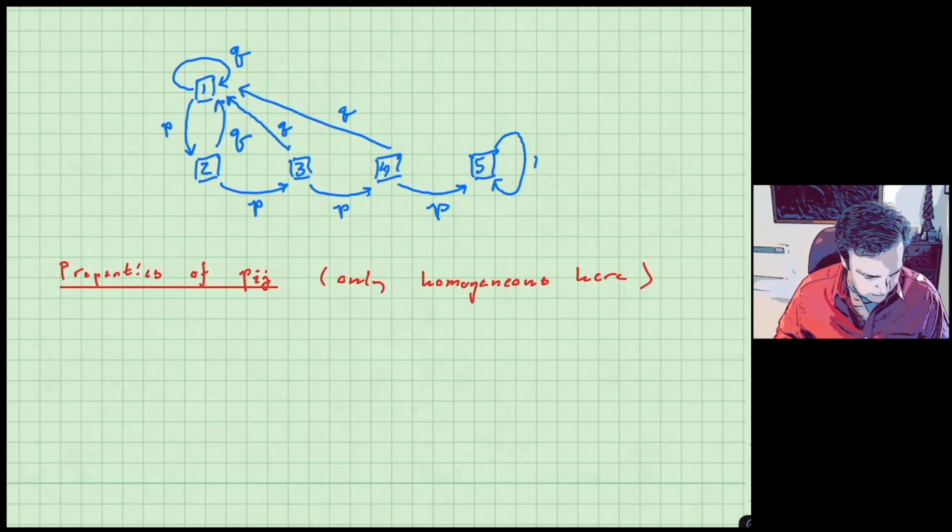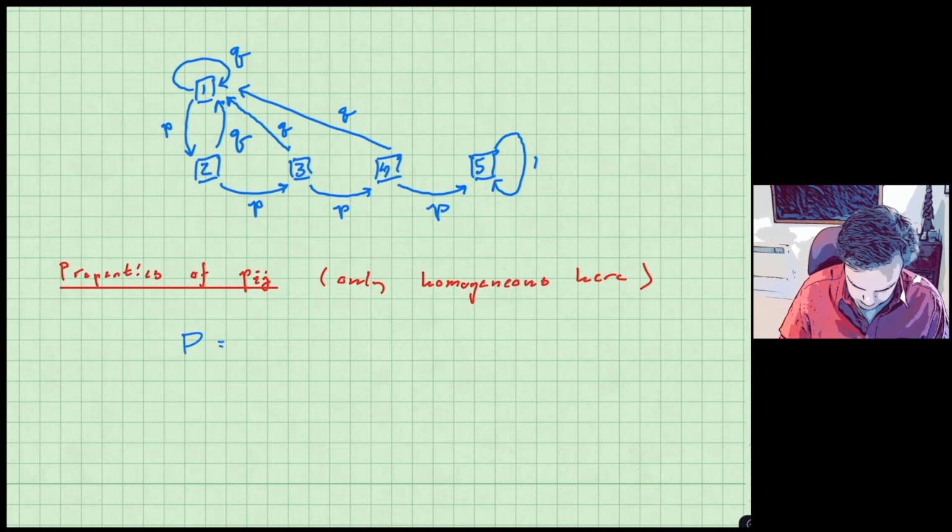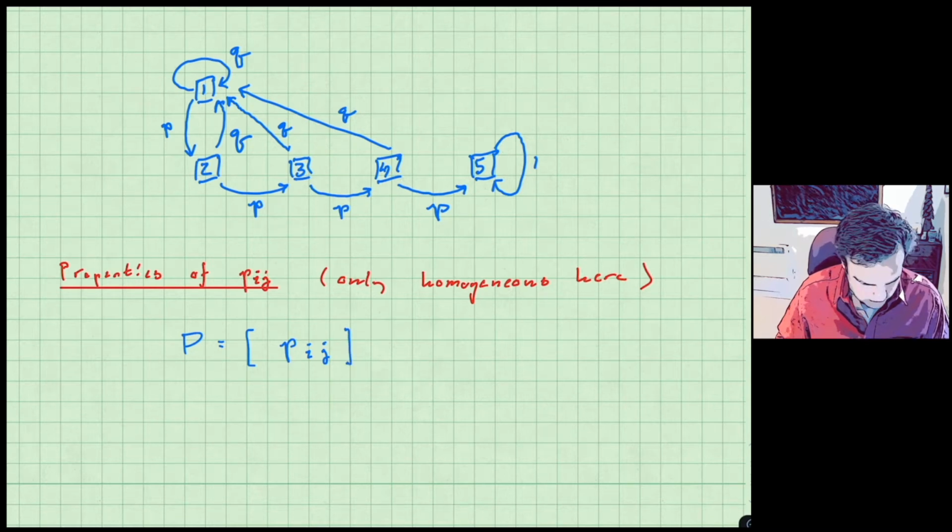All right, so this guy, first of all, you could sometimes write it just as capital P, although we've got so many P's around that can get problematic. But remember, the elements of this matrix are Pij, like this.